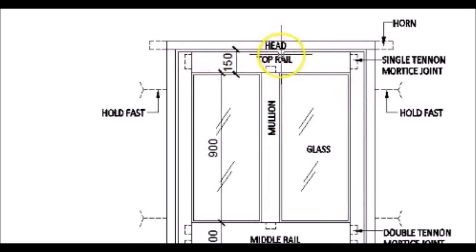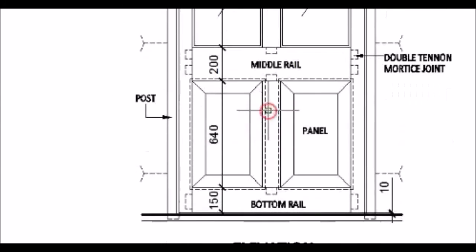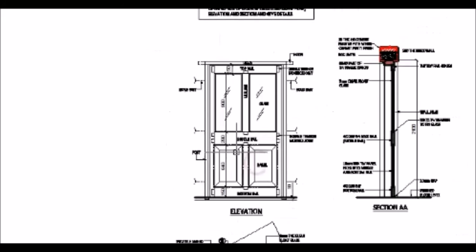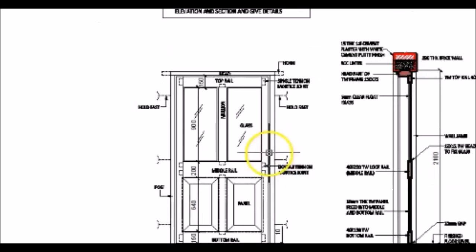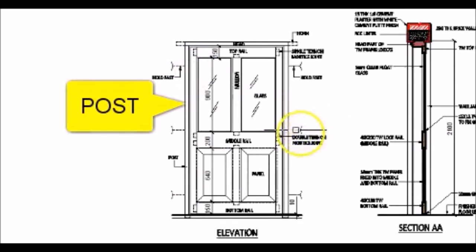You can see here the top rail, the mullion, the middle rail, the bottom rail, the panels and the glass. So whatever we saw earlier, we can see here in elevation. You can also see the vertical member of the frame, which we call the post. So you will see a post on this side and a post on the other side.